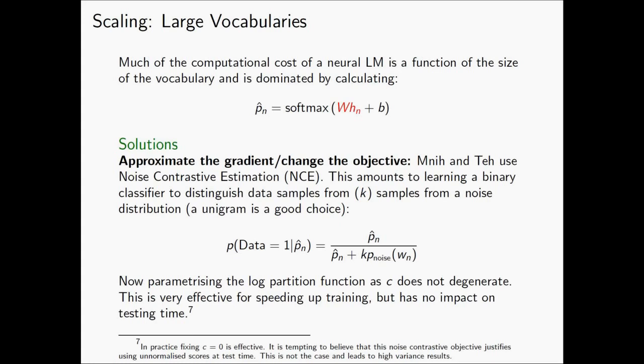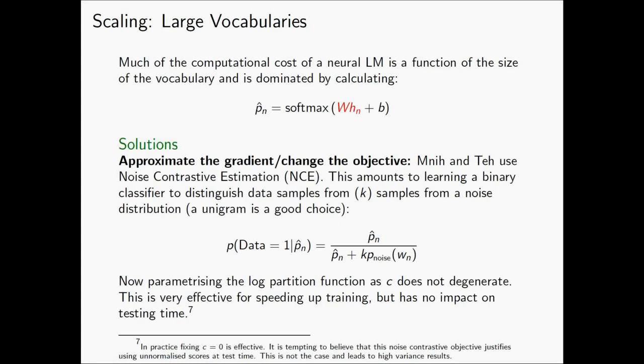And the idea there is, rather than doing what we do with a softmax, which is to say at each time step we look at the word we want to predict and the whole vocabulary, and we try and maximize the probability of the word we want to predict and minimize the probability of all the other words at every time step. Instead of doing that, we take the word we want to predict and then we sample k, what we call noise samples.